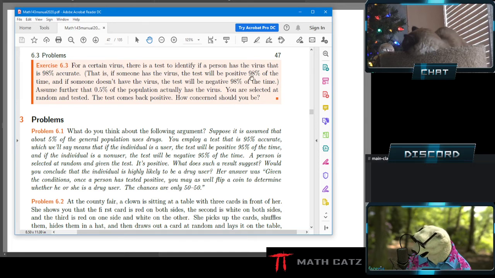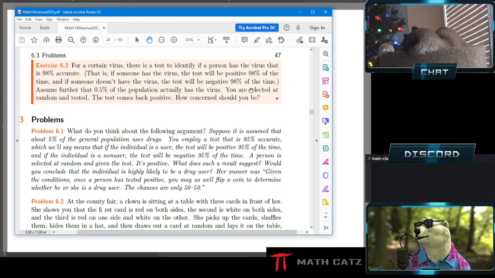It's not a perfect test. And if someone doesn't have the virus, it's going to say negative, meaning you don't have the virus, 98% of the time. So it's going to have an error in it, unfortunately. Assume further that, let's say, 0.5% of the population actually has the virus.